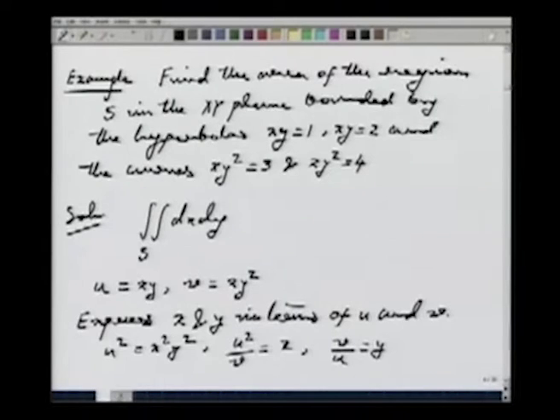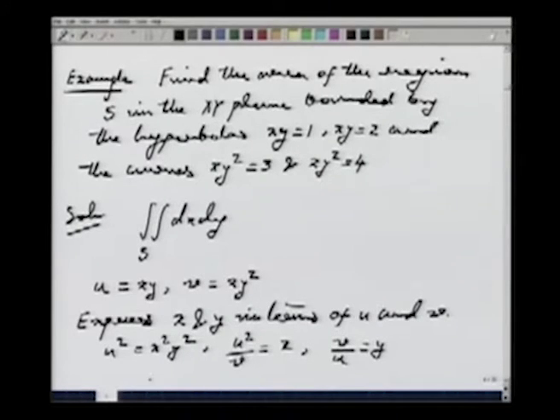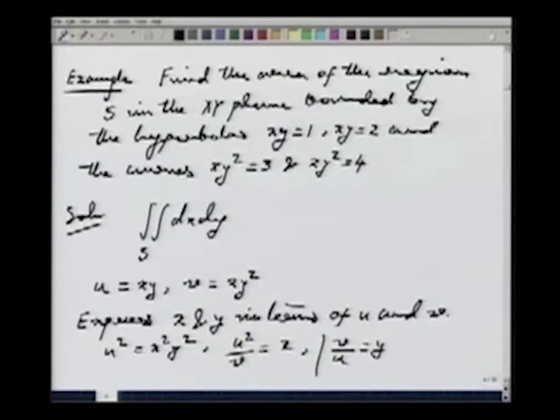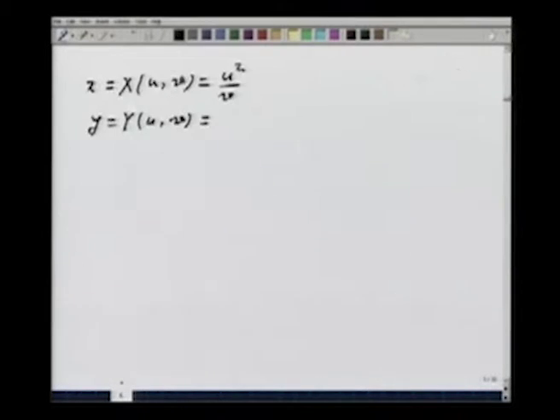So here x equal to capital X of uv, which is u square by v. Similarly y, which is capital Y of uv, is v by u.